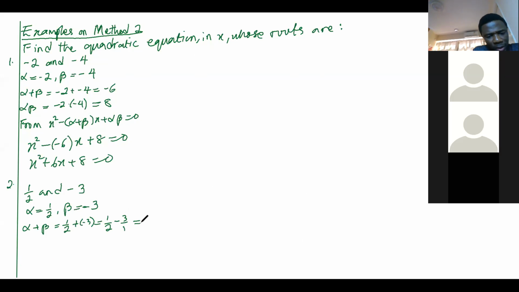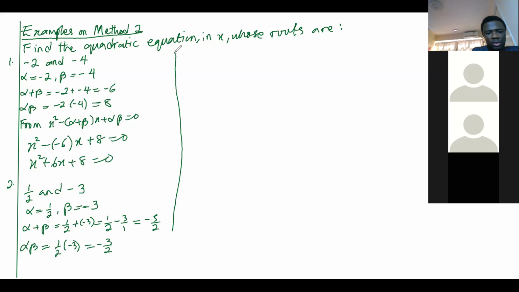So with the LCM, this will be -2.5, which is -5/2. Always leave it in rational form, always in fraction, no decimal, please. Alpha beta means multiply this and that, so you get -3/2.